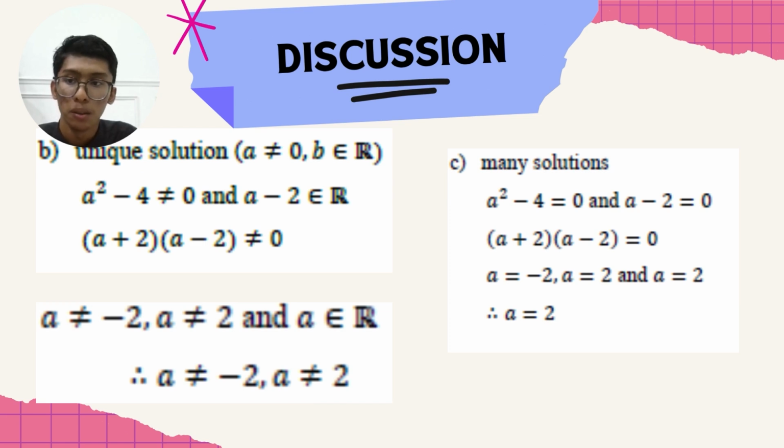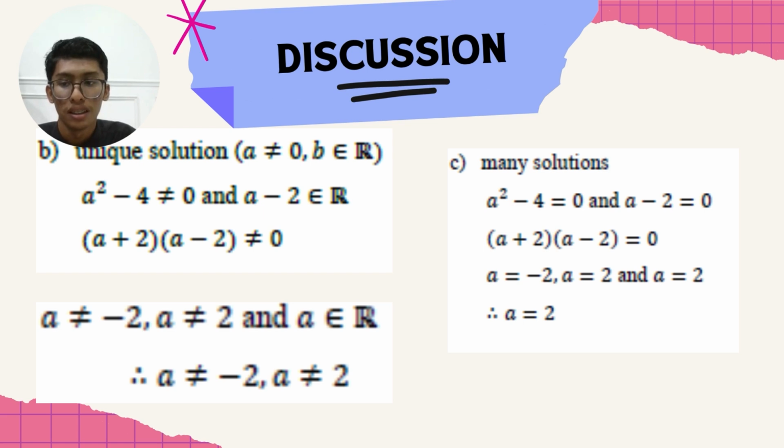For question B, to find the unique solution, we can just do like this based on the syllabus that we have studied, which is A is not equal to 0 and B is an element of the real numbers. So the answer will be a not equal to negative 2 and a not equal to 2.